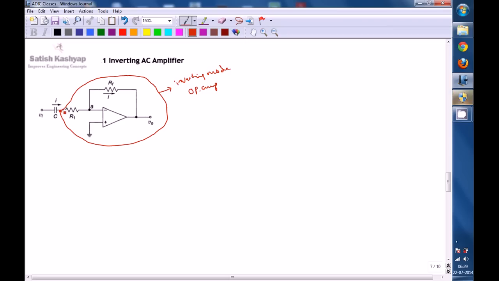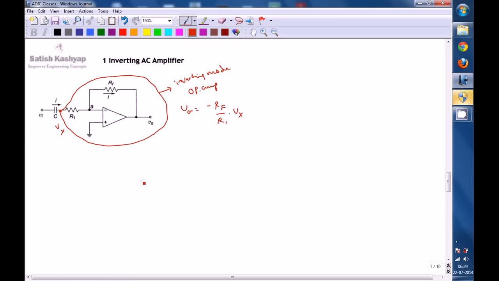For example, let us assume the voltage at this point is V1, or Vx. By using the inverting op amp, you can write V0 is equal to minus Rf divided by R1 times Vx.